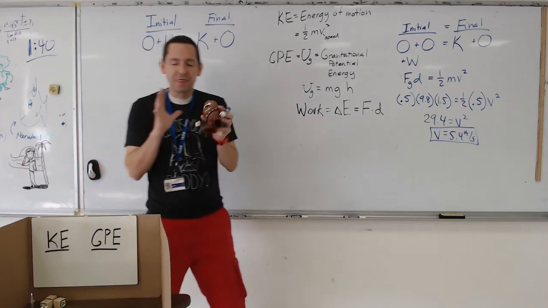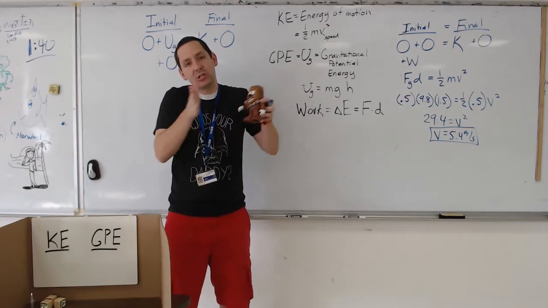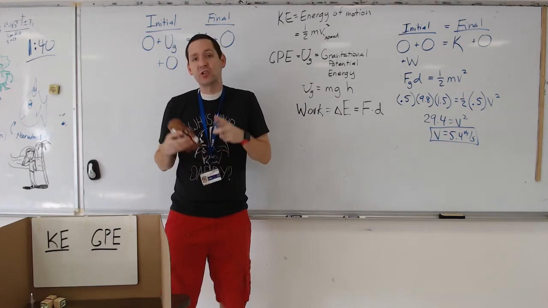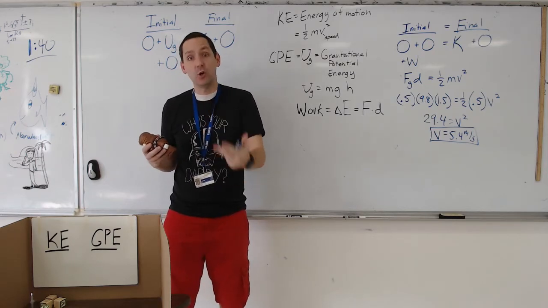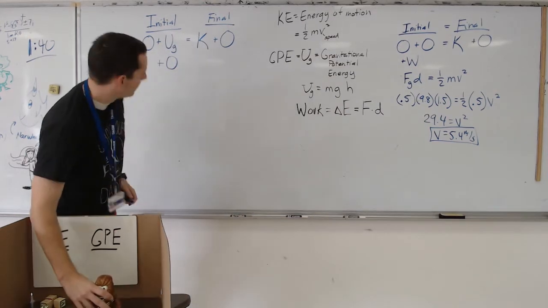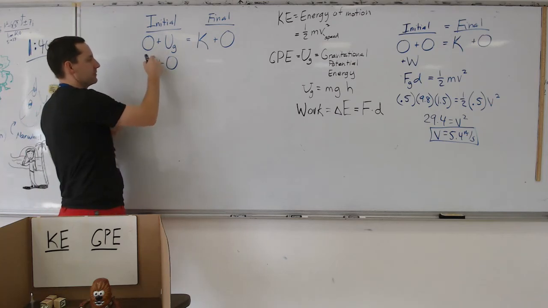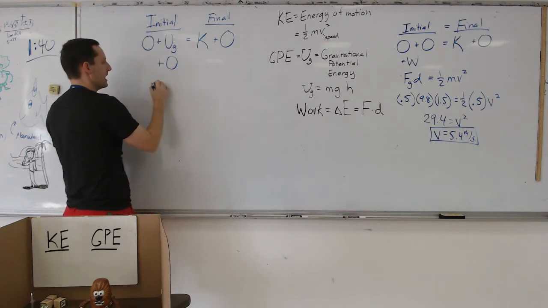And so this time, rather than work adding energy in, we just have a transfer of energy from one type to another. There's no outside forces, so we don't need to add in any new blocks. We just keep the blocks that we have. All right? So let's see if we can do the math with this one. You'll notice that we have 0, 0, and gravitational potential energy, which is mgh.